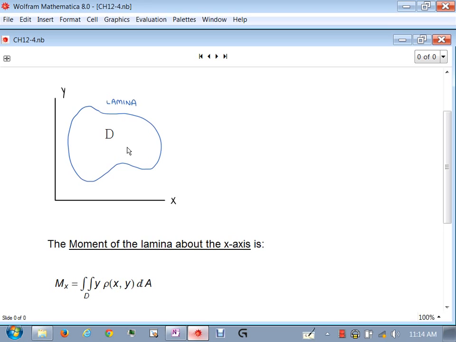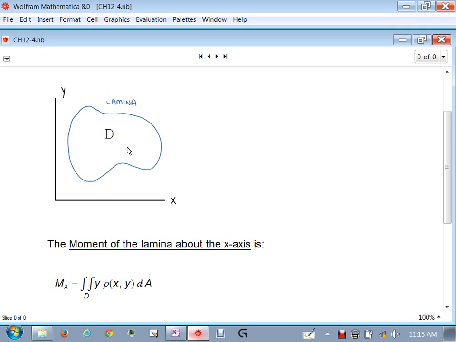Now where's y? It's the y coordinate, the distance from the arrow down to the x-axis. So not only are you looking at the mass, you're looking at the mass times its distance from the x-axis, which becomes important because what we're leading up to is what's called moment of inertia, which is the object's resistance to rotation around the x-axis.